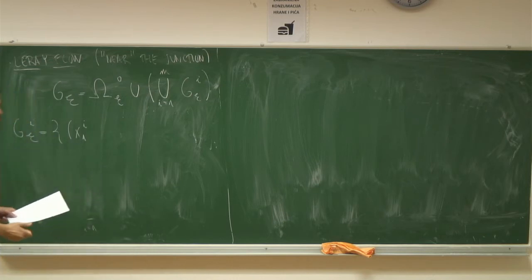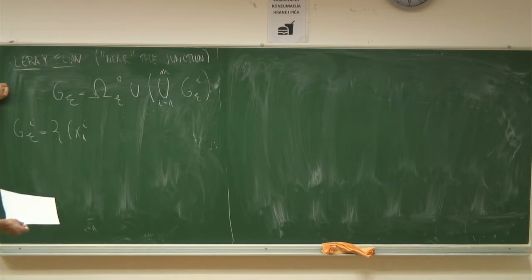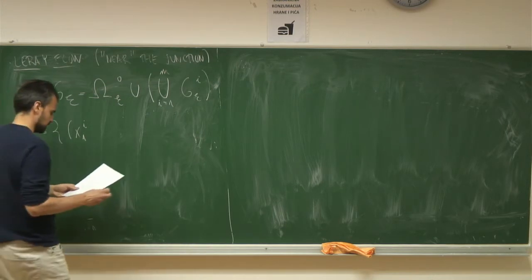So this is important to introduce, that you will introduce a solution in this area near the junction and prove that, you will not prove, you will just say that there is a proof of the exponential decay towards the Poiseuille solution. So that's the basic idea.